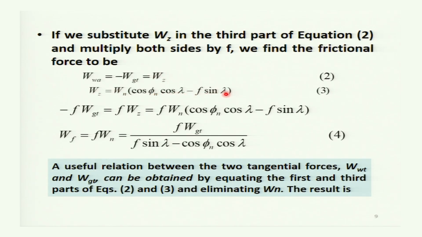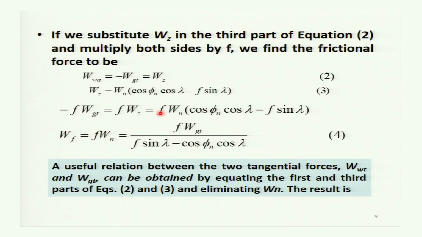Now what we are doing is we are just multiplying both sides of this by f. So minus f WGT is equal to f Wz, and that will be f Wn (cos phi n cos lambda minus f sin lambda). So Wf, the frictional force, is equal to f multiplied by Wn.